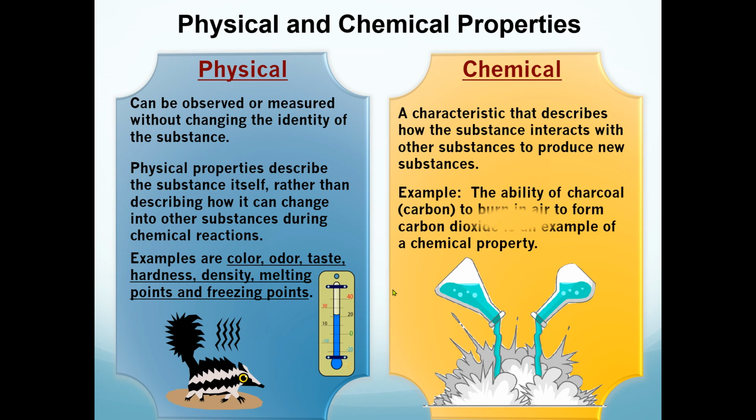So these include things like to burn, the ability of charcoal, which is a carbon, to burn in air to form carbon dioxide is an example of a chemical property. Mixing, putting vinegar and baking soda together is an example of a chemical property. They react to each other.